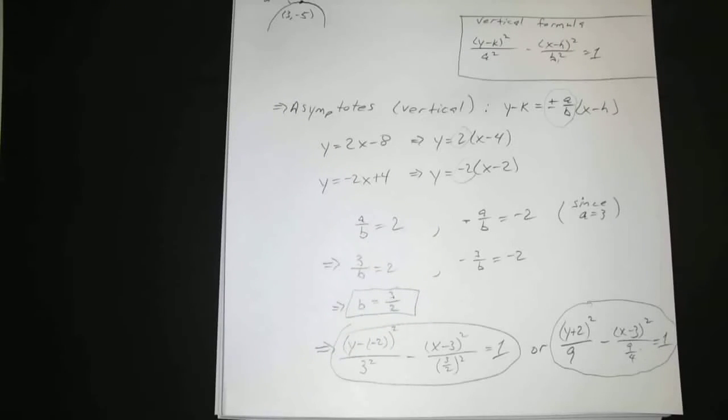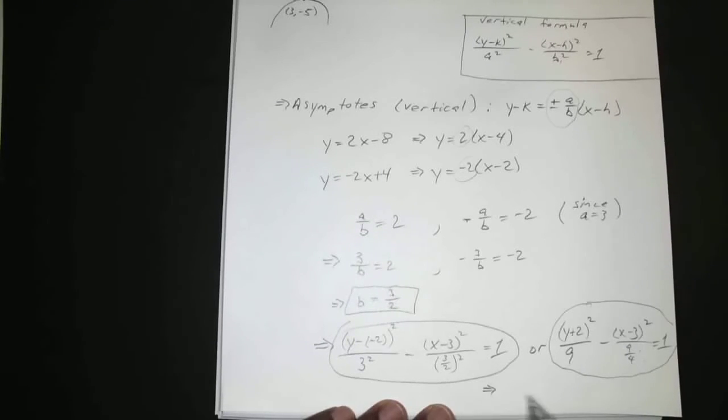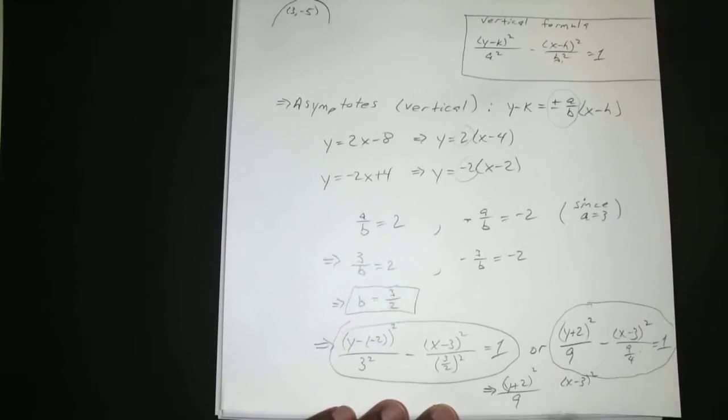So if they show it and you know you did everything right and say, okay, why isn't this showing as the right answer? That's because at some point they may have it as (y plus 2) squared over 9 minus 4(x minus 3) squared over 9 equals 1.